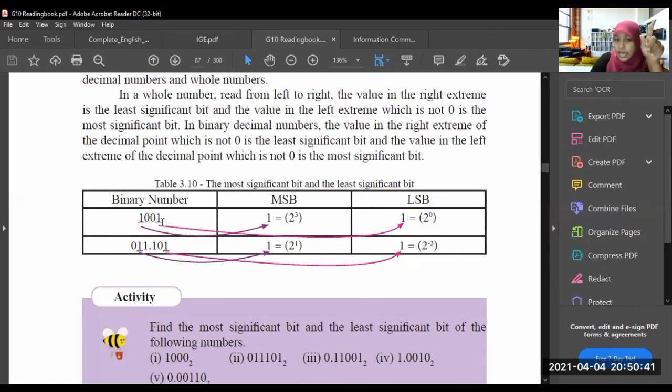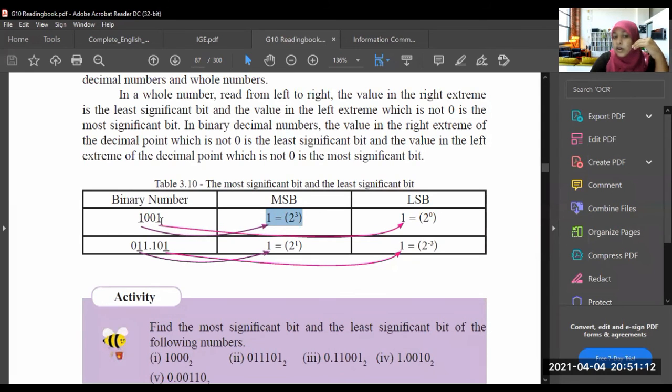1001. Here, the most significant bit, that means the biggest number, is 1. When you write this 1, you should write it like this: this one is 2 to the power 0, 2 to the power 1, 2 to the power 2, 2 to the power 3. Because in the binary number system they use only 1s and 0s, right?